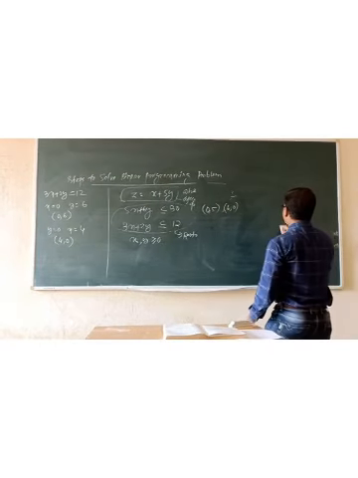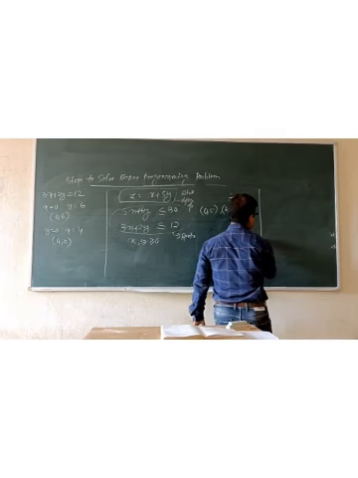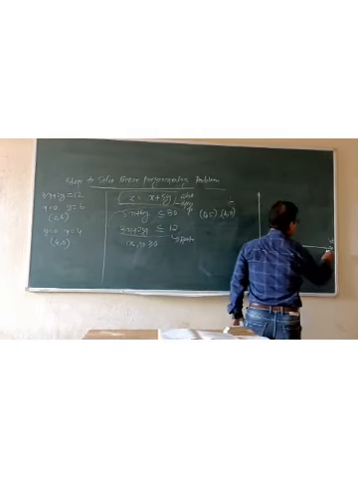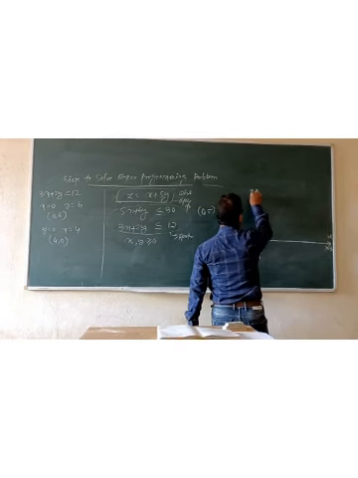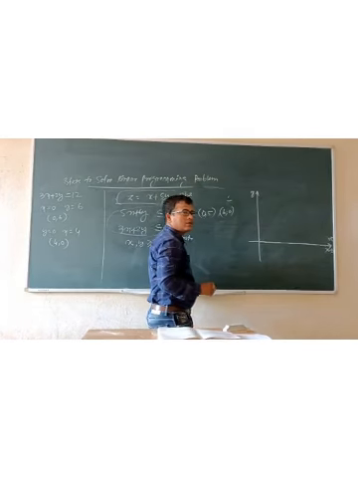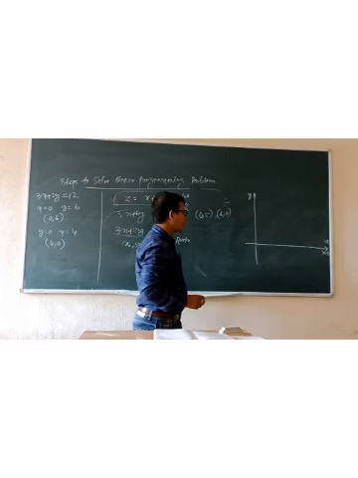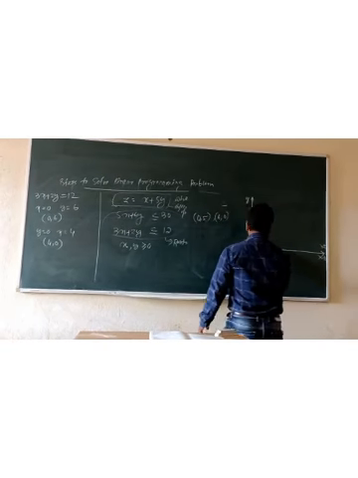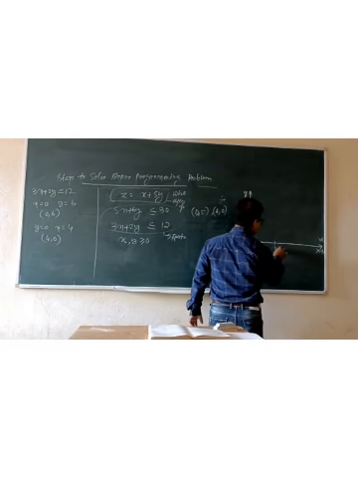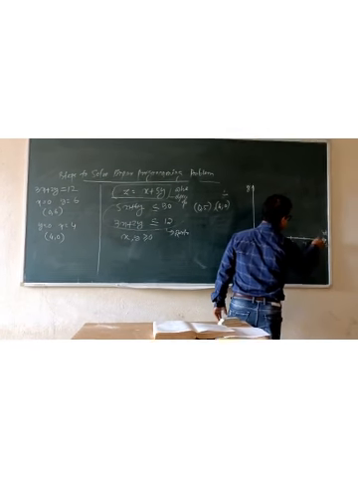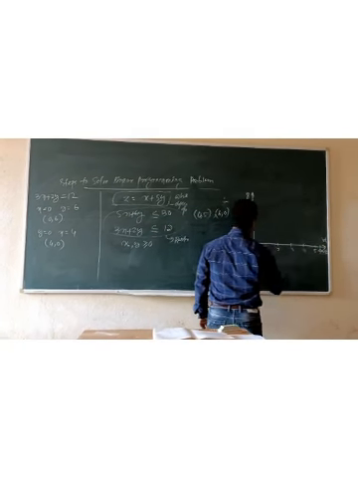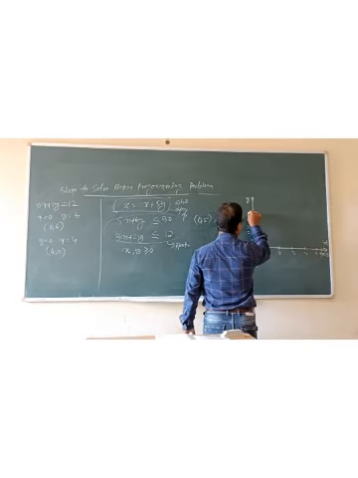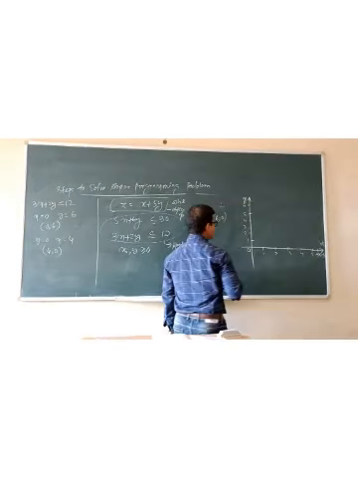Okay. So this is your x coordinate and this is your y coordinate. From the graph paper, the maximum value is 6. So this is 1 unit, 2 unit, 3 unit, 4 unit, 5 unit and 6 unit. Similarly, 1 unit, 2 unit, 3, 4, 5 and 6.